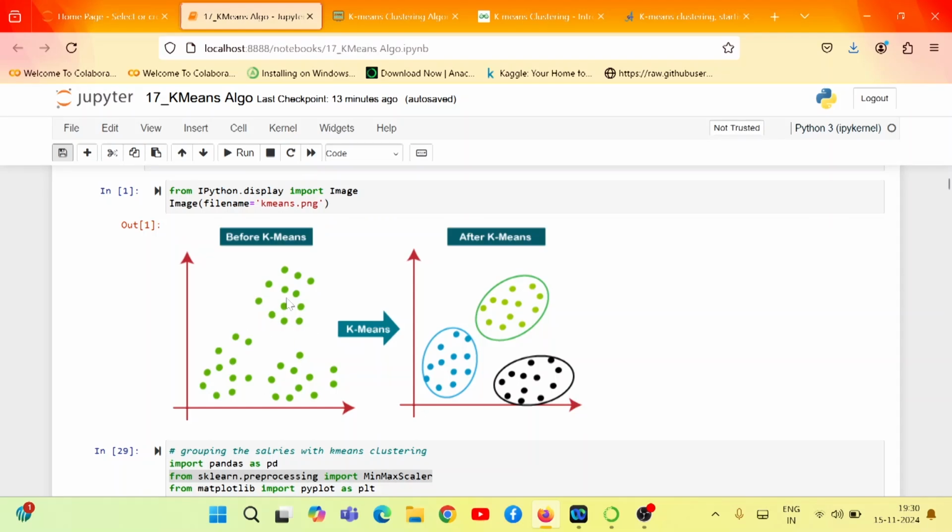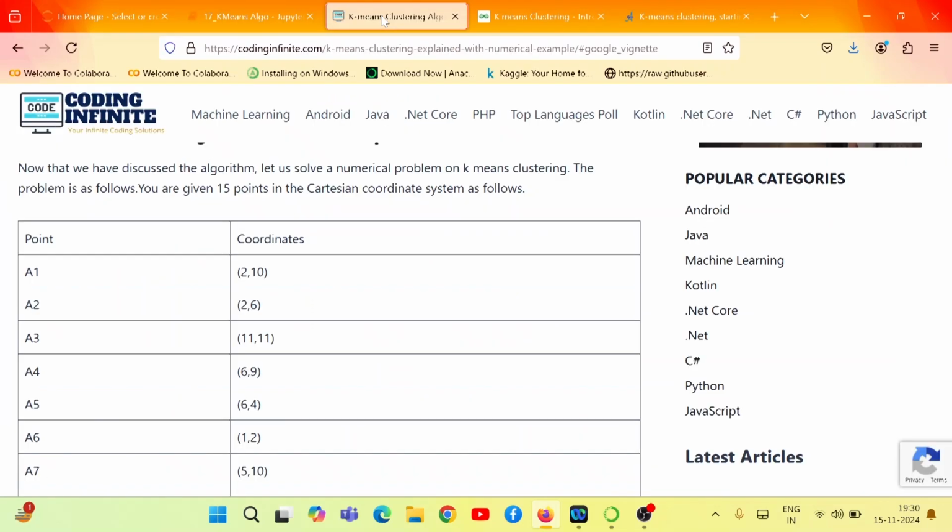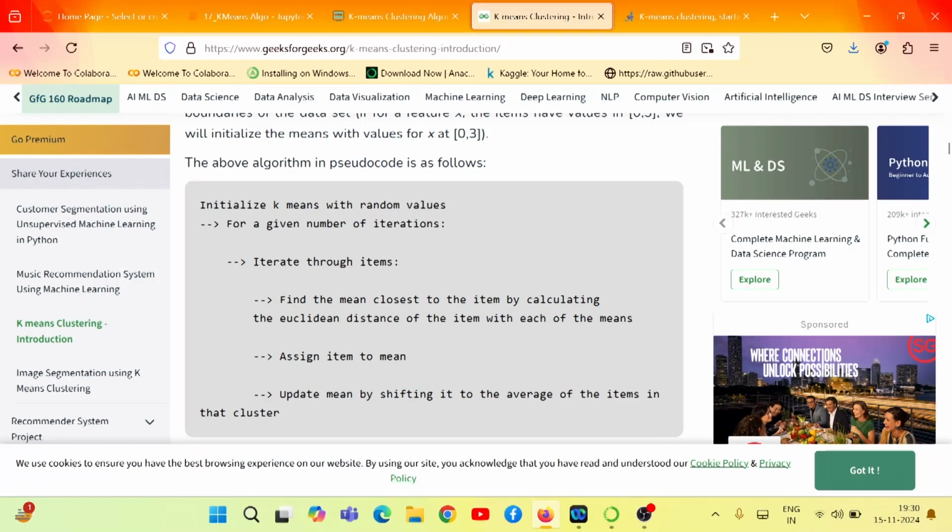Now let us understand how the k-means algorithm works. For that, let me show you this algorithm first. This is how our k-means algorithm works, right? It basically has a number of iterations. The algorithm starts with some random point. It can be any given point, and from any random point this algorithm will begin.